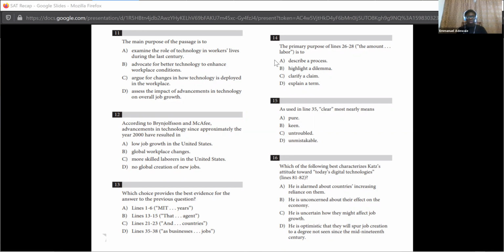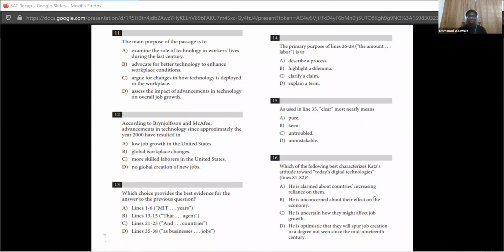Feel free to let me know with a thumbs up if everybody was able to access that passage.